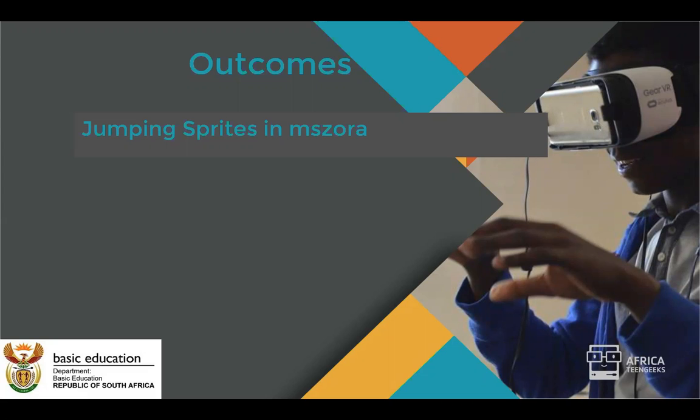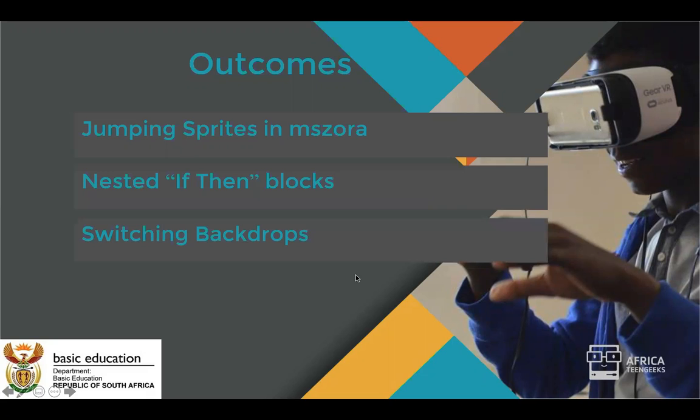In order to do that, we are going to create, well, you guessed it, a short game to look at how we can simulate jumping in Misora. As part of that game, we are going to look at nested if-then blocks, the decision block, which says if something happens, then you must do something else. We will also look at switching backdrops when a particular event happens.